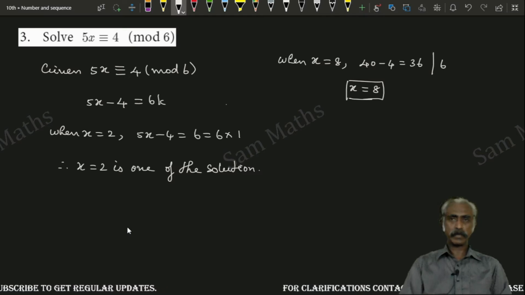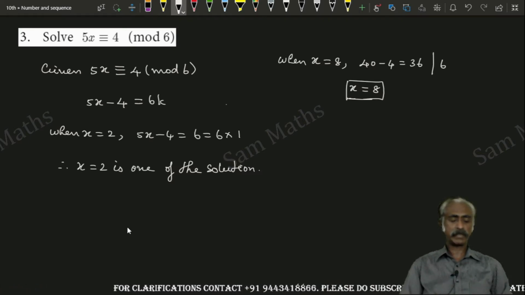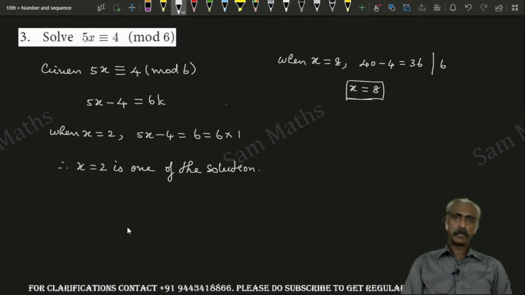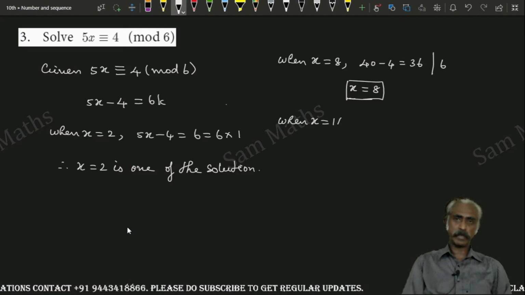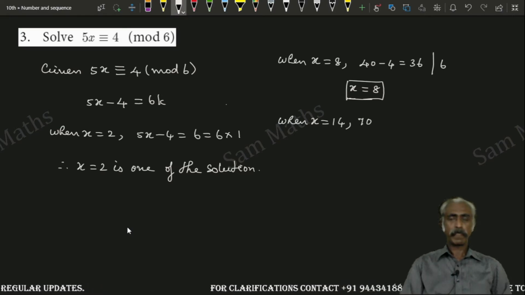So again you can try to find one more value. You can go for 9. 9 5s are 45 minus 4 is 41. So like that you increase, you can find one number, that is when x equal to 14, 5 14s are 70 minus 4.